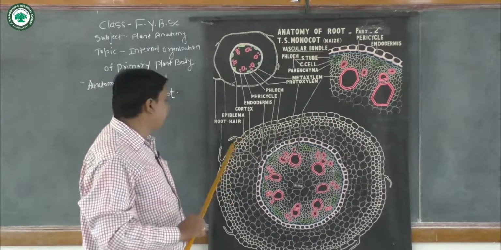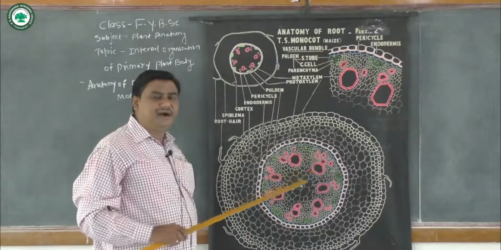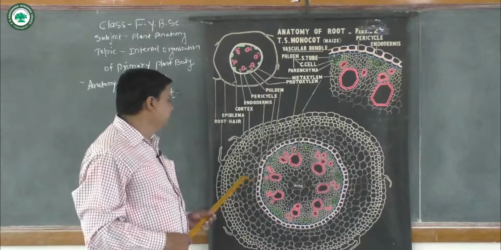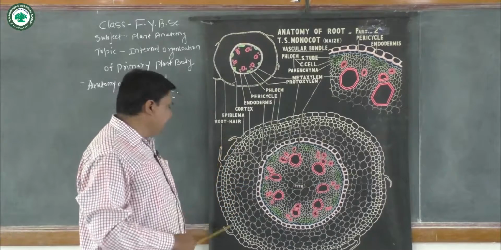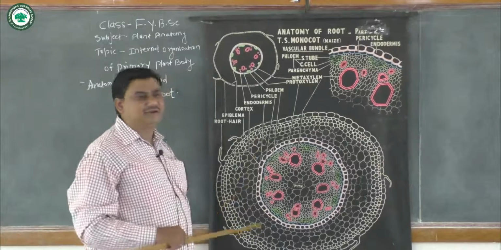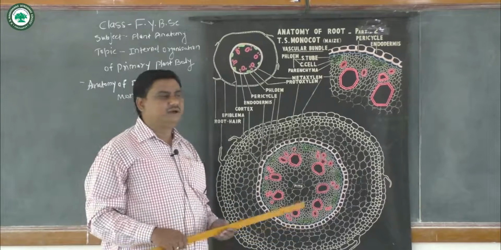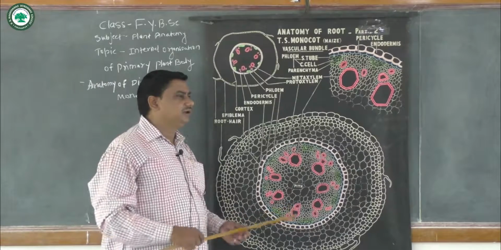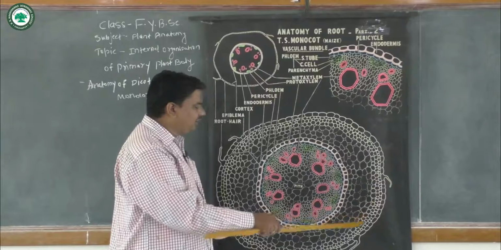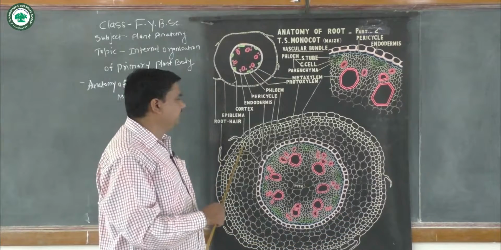or what we call the epiblema, or the rhizodermis. It has many unicellular hairs as compared to the dicot stem. In the case of the monocot root, there are many root hairs present on the outermost portion, which we call the epidermis.